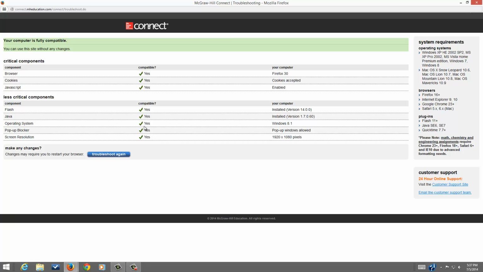If you'll do that, you should not have any problems with any of the modules, whether it's the LearnSmart modules, the Connect assignments, or the Connect quizzes. But it's really important that you do this, and I've observed where I tell my students to do this before an exam, especially my proctored exam students, and a lot of them don't.